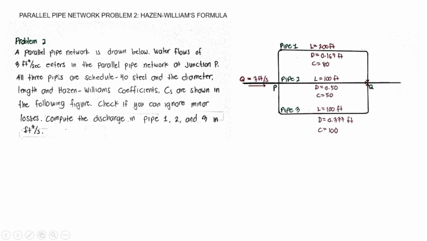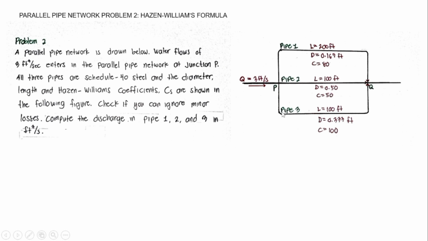Water flows of 3 cubic feet per second enters the parallel pipe network at junction P. All three pipes are schedule 40 steel, and the diameter, length, and Hazen-Williams coefficients are shown in the following figure. Check if you can ignore minor losses. Compute the discharge in pipe 1, 2, and 3 in cubic feet per second.